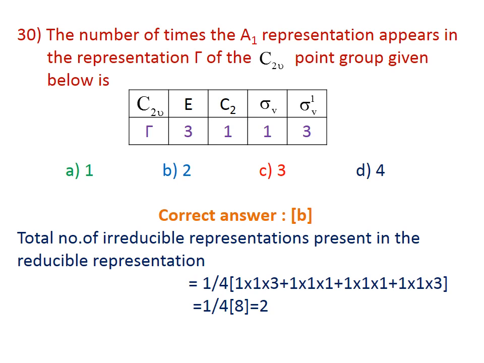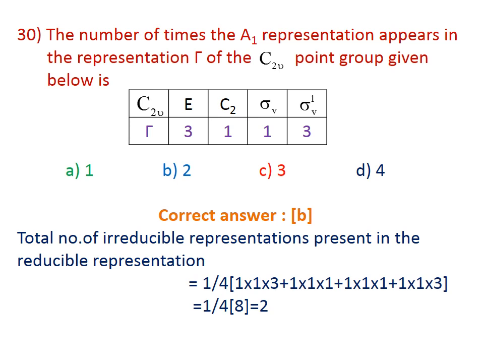The first is the character of the symmetry operation, the second is the character of the irreducible representation, the third is the character of the reducible representation. You multiply all, and you will get 1 by 4 into 8, which is equal to 2. The number of A1 irreducible representations present in the reducible representation 3, 1, 1, 3 is 2. The correct answer is B.